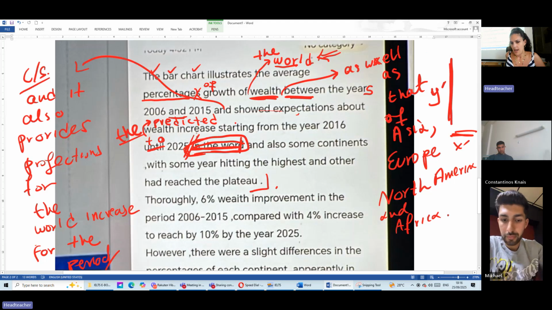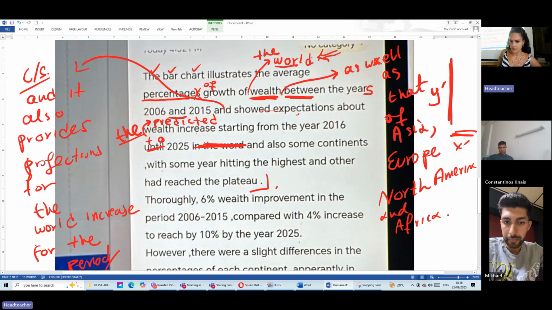Okay. Do you understand why I'm making this suggestion to you? It will be a little bit better if we set the world here instead of here. So Michael, try to speak about the continents here.